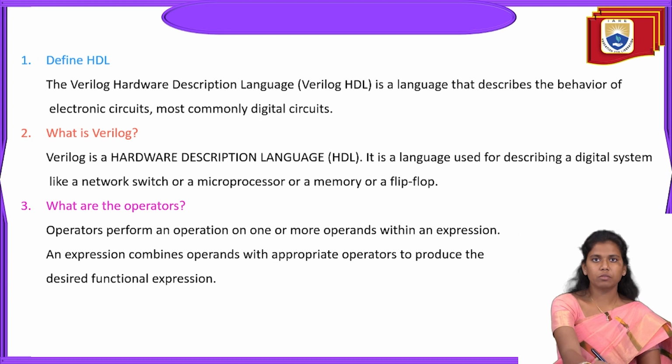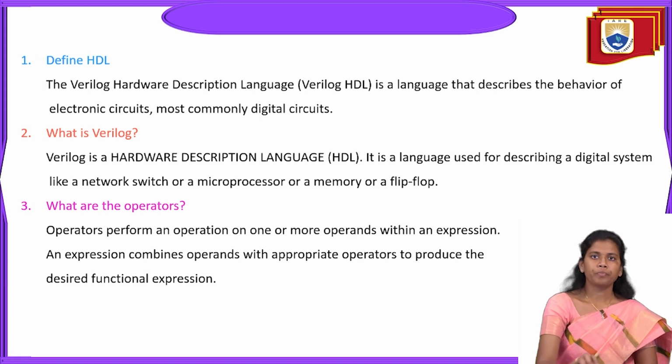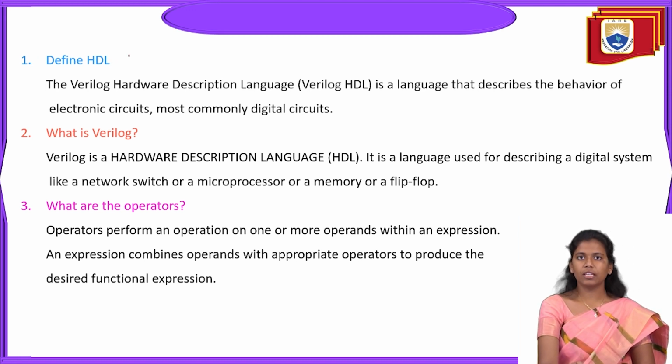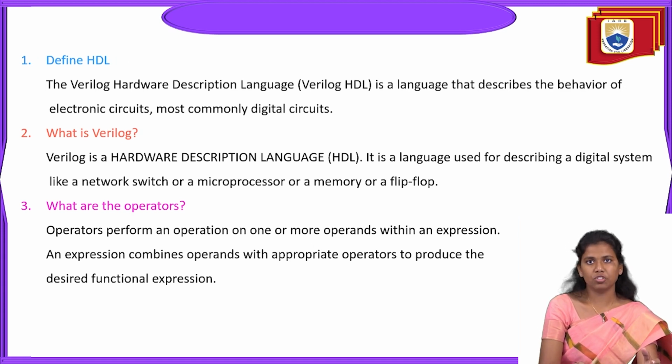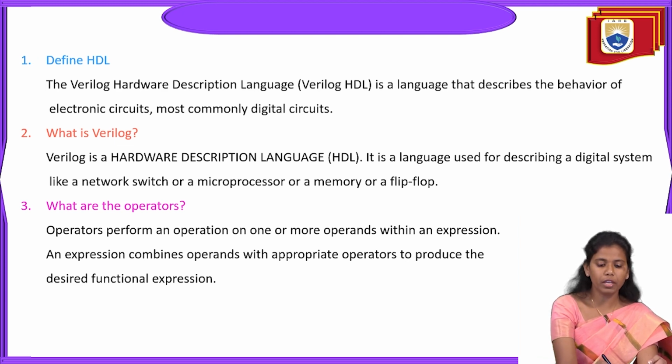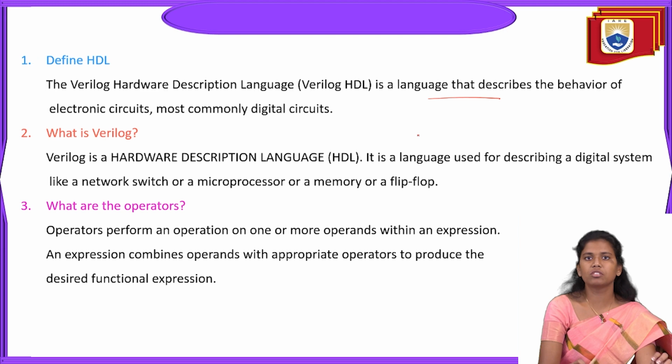So coming to the first one, let's define HDL. HDL, as we all know, so far we have studied based on HDL and Verilog, right? HDL is hardware description language. It is a language that describes the behavior of electronic circuits, most commonly digital circuits.